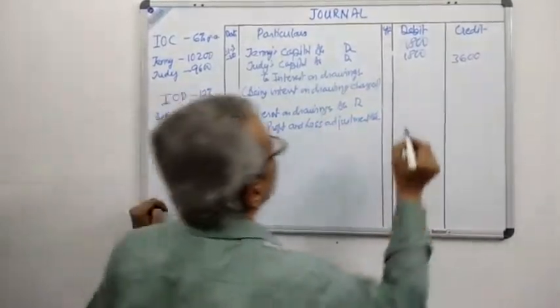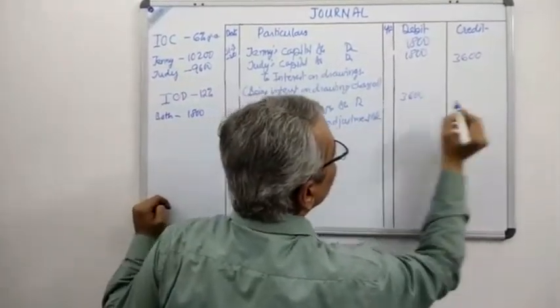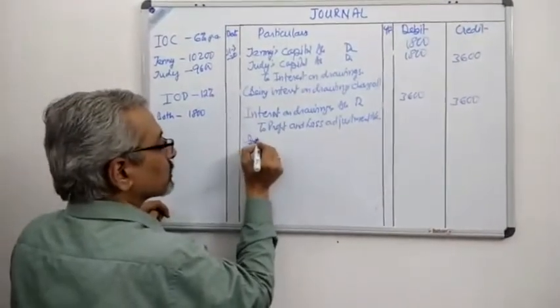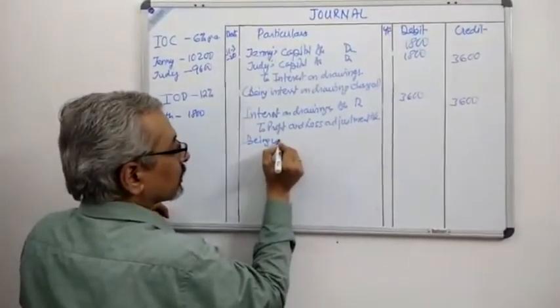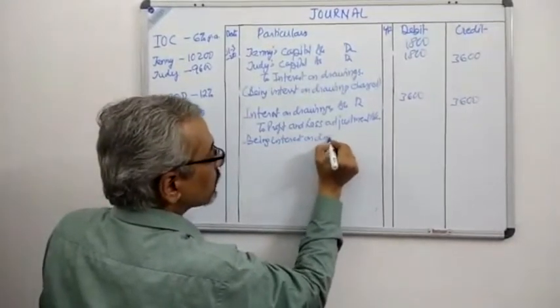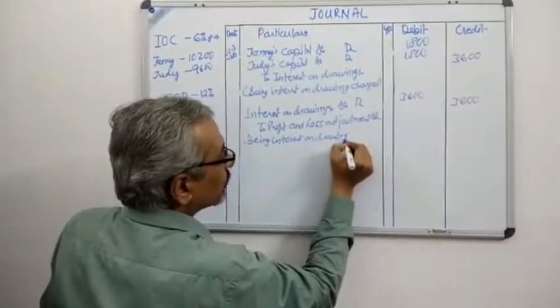What is the amount? 3,600, 3,600. Narration being interest on drawings transferred.